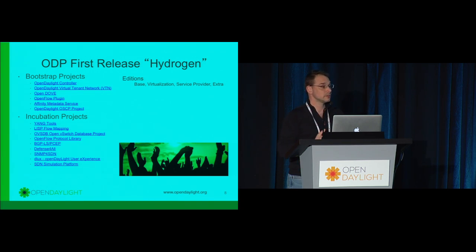There's the base edition, the virtualization edition, which has multi-tenancy and some of the other functions, and then the service provider edition, and then Extra. I think Extra has some of the things that aren't included in the others. But all that info is on the wiki, with all the details, and you can pull each version of those and take a look at them for yourself.